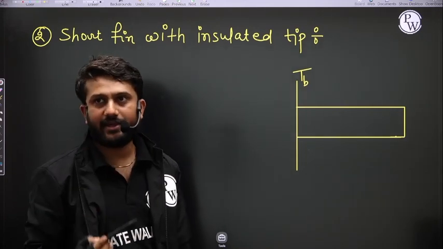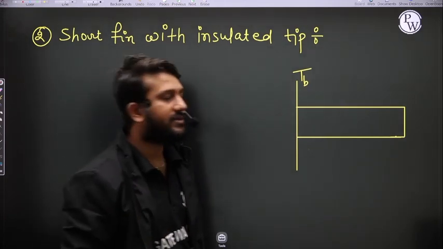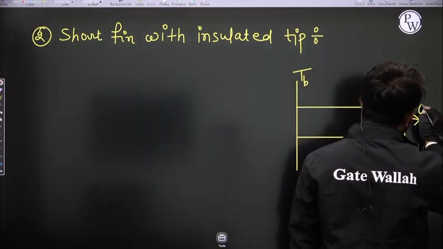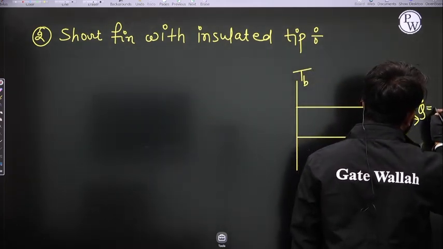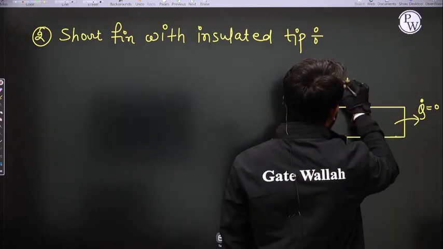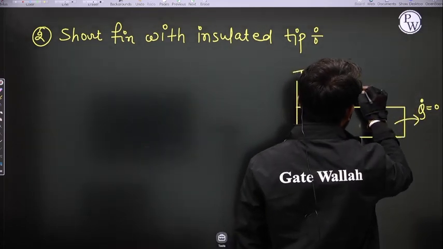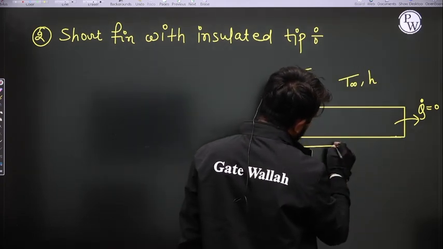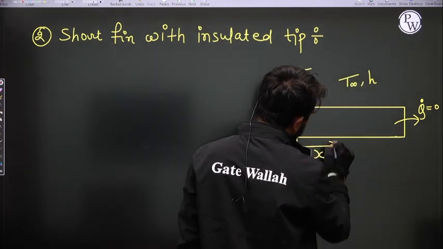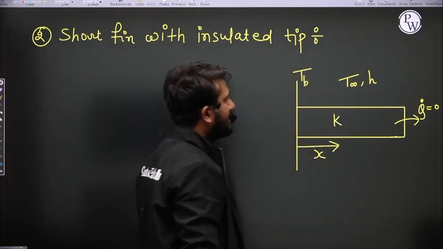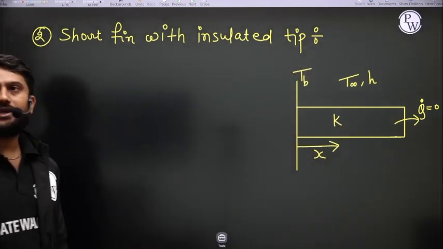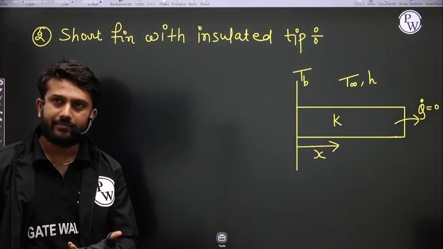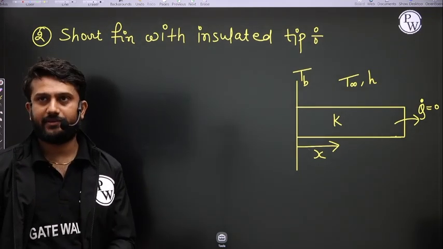Insulated means adiabatic. So no heat transfer from here, so that Q dot is 0. Outside temperature is T infinity, the convective heat transfer coefficient is h, and this is the x direction. Thermal conductivity of the fin material is k. So no heat transfer from the fin tip is known as the insulated tip.